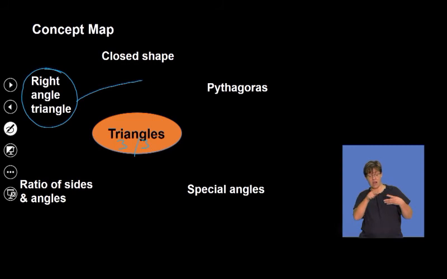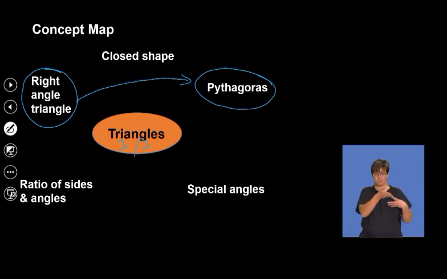Because of a right-angled triangle, we can then use what we call the theorem of Pythagoras, and that's only because there is a 90-degree angle in that particular triangle. Even if you were to go to Google and look at the history of the theorem of Pythagoras, it was only discovered because of a right-angled triangle.